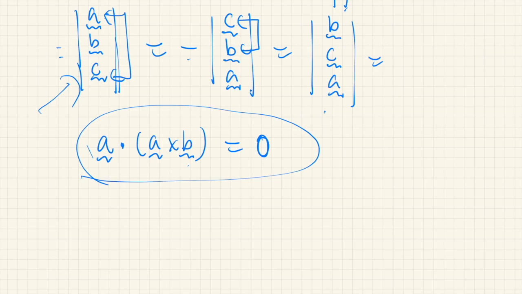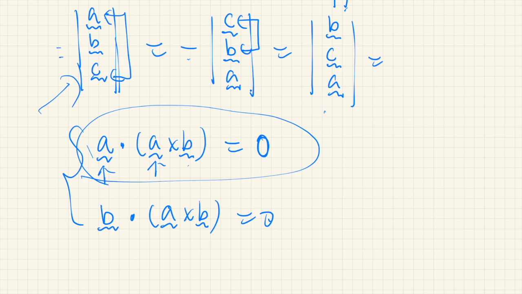And of course, we also have B dot A cross B is also 0. So what these equalities mean is that the vector A is perpendicular to the cross product involving A and something, and also B is perpendicular to this cross product.